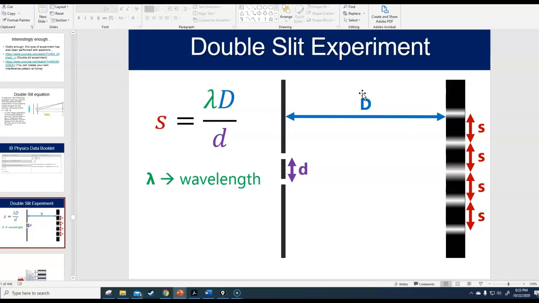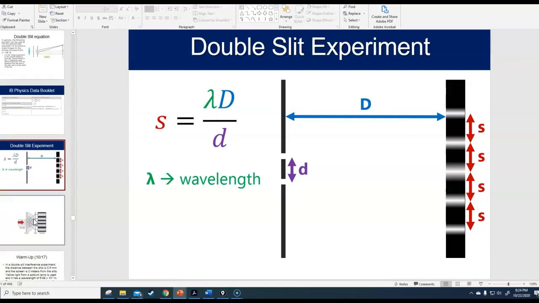If you ever wanted to know how we know red light is 700 nanometers, well, we can do experiments like the double slit experiment to find the wavelength. Even though it's a very small value, we can take advantage of interference and the double slit experiment to do those types of calculations.